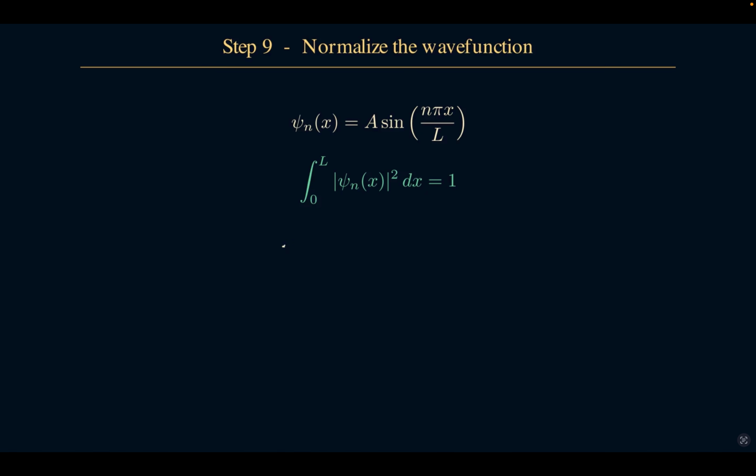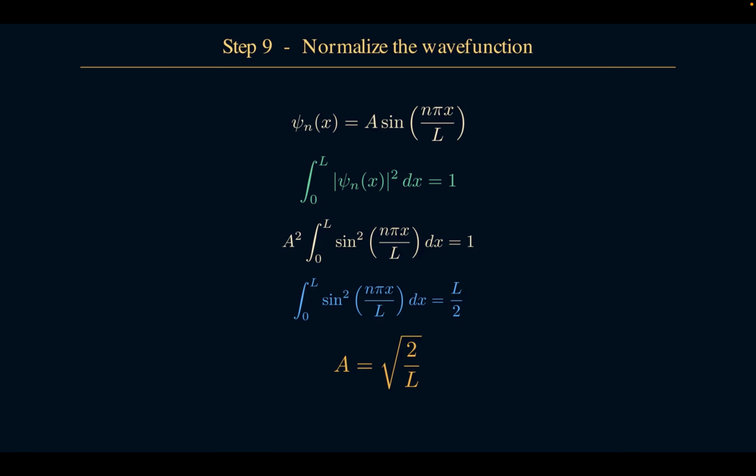And you must know that our integral is actually psi conjugate times psi, but because our wave function is real here, the psi conjugate is going to be psi, so we have psi squared, which is the following: A squared times the integral from 0 to L of sine squared of n pi x over L dx is equal to 1. Solving this integral would give us A to be equal to the square root of 2 over L.